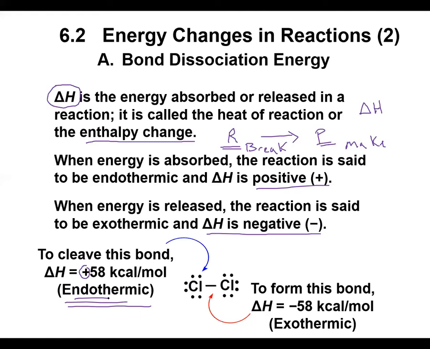We have to put heat and energy in. Just like over here, if we did the opposite to make this bond, it would be minus 58 kilocalories per mole. And strictly from that minus sign, that's pretty much all we need to see to know that this is going to be an exothermic process.